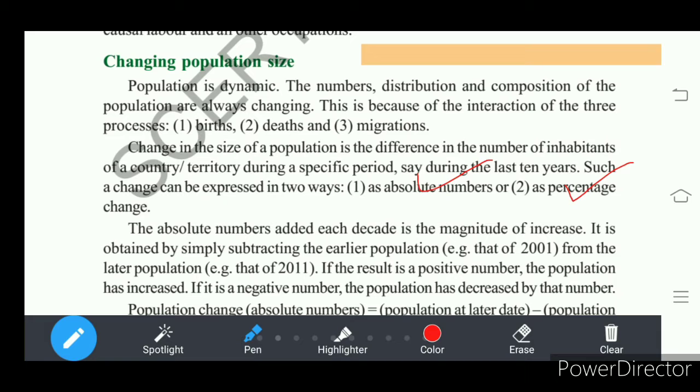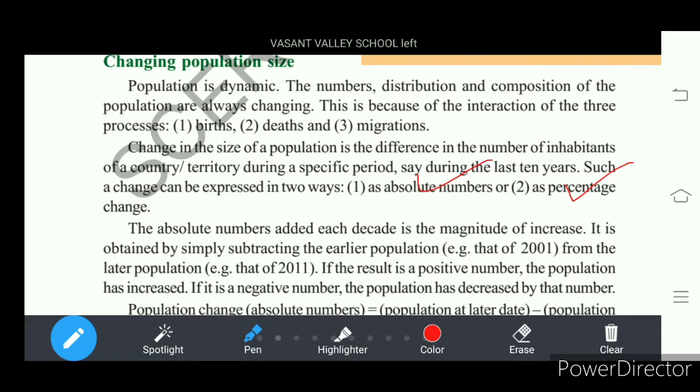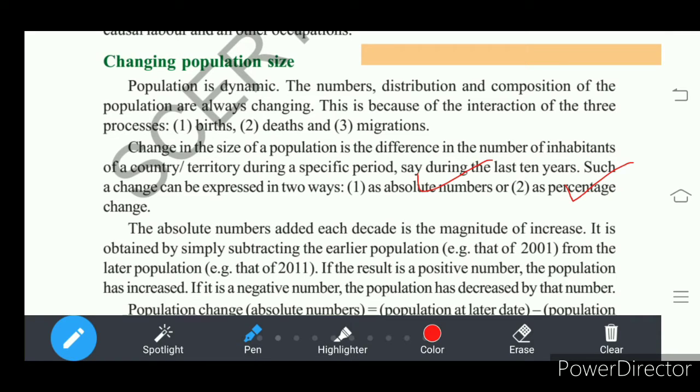How many people increased from 2001 to 2011? That is the absolute number. Then the percentage: in the sense it is, say, a 17 percent increase. In that way, change in the population size is expressed. Understand? So absolute numbers means the magnitude of population increase, the numbers added every decade.